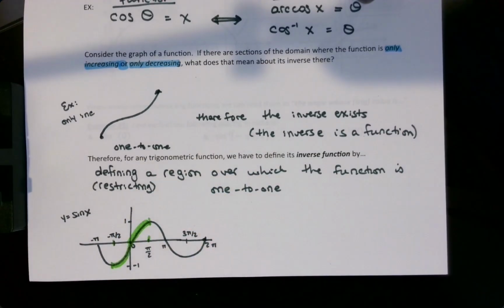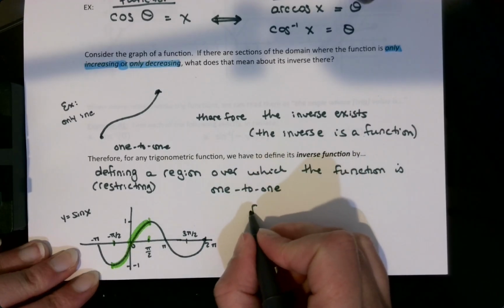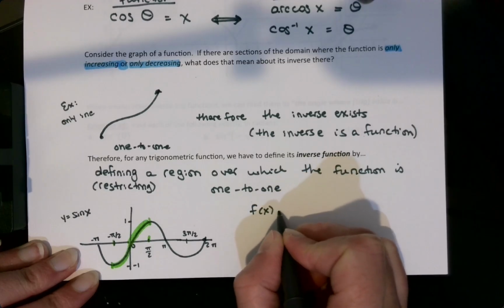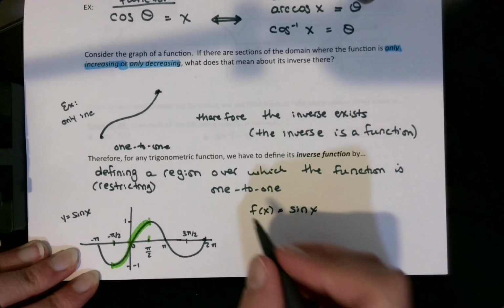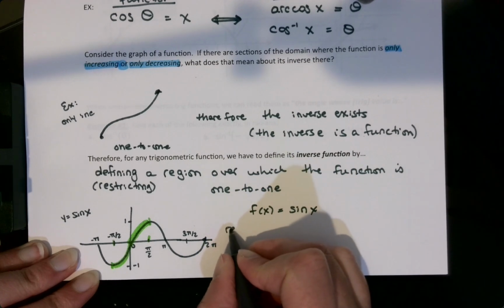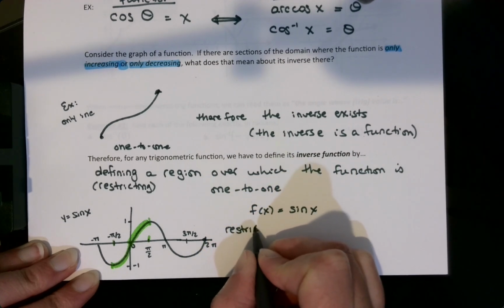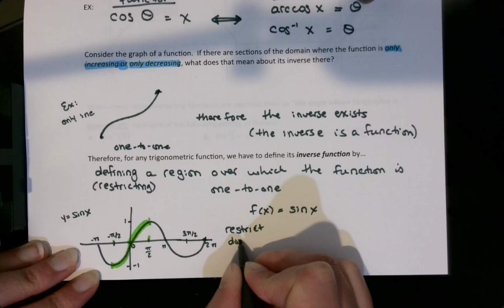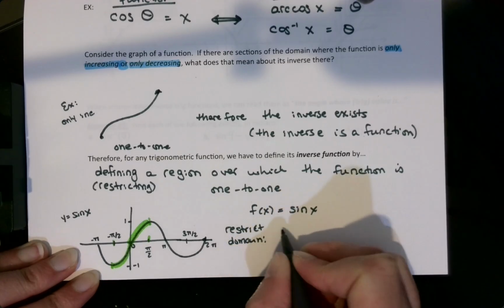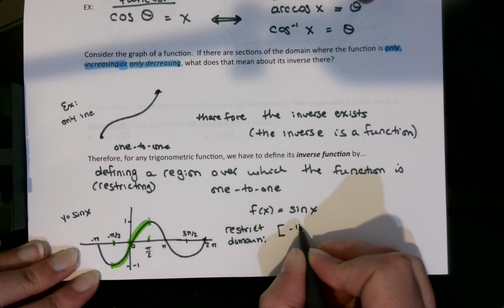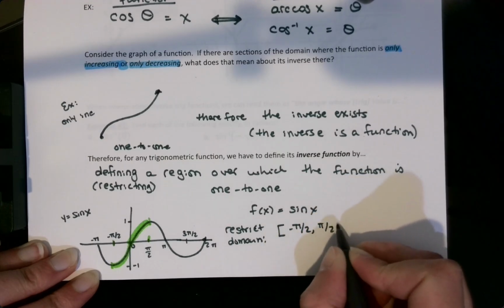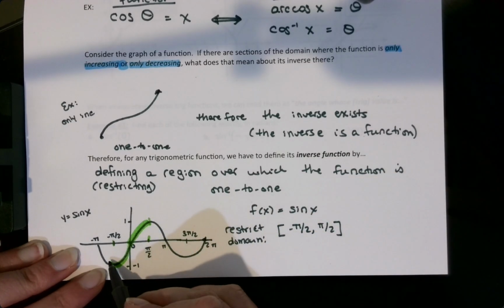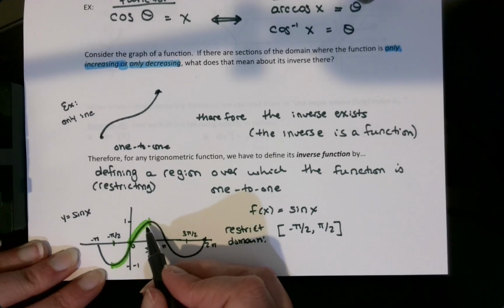So for the function sine of x, we need to define or restrict the domain to be from negative pi halves to pi halves, because that is one area where it is strictly increasing.